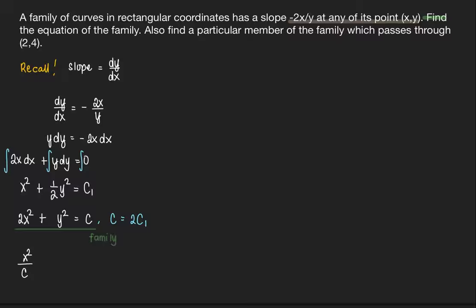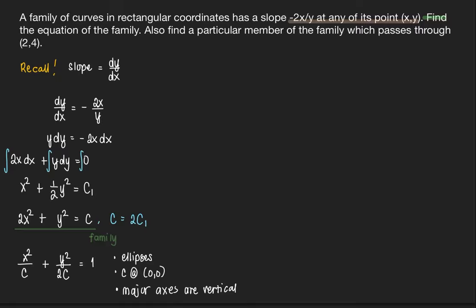So x squared over c plus y squared over 2c equals 1. As you can see, the denominator of y squared here is greater, telling us that it is an ellipse. The center is at the origin, and it's a family of ellipses, centers at the origin, and their major axes are vertical.